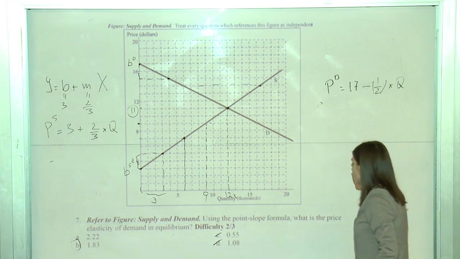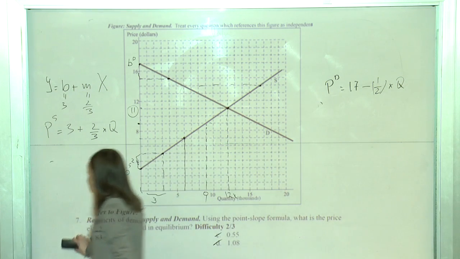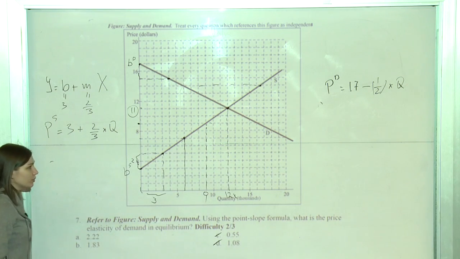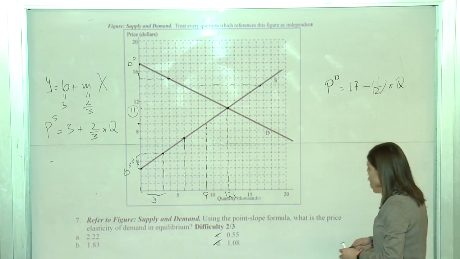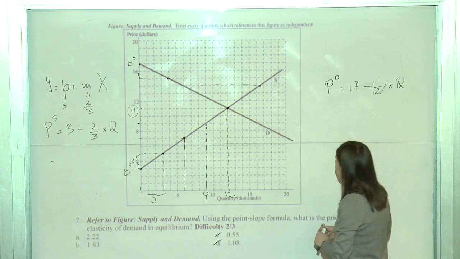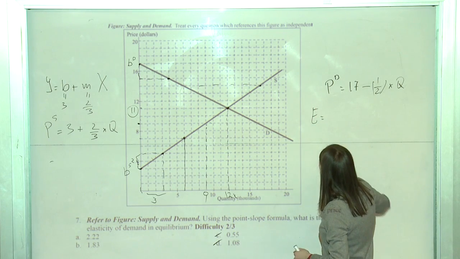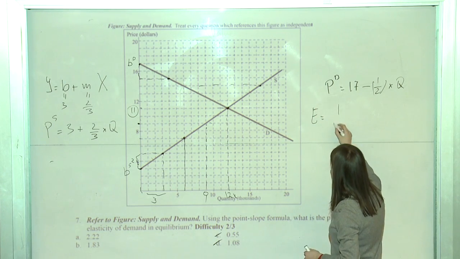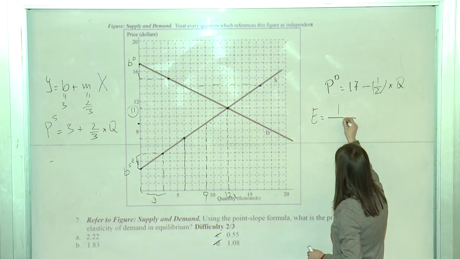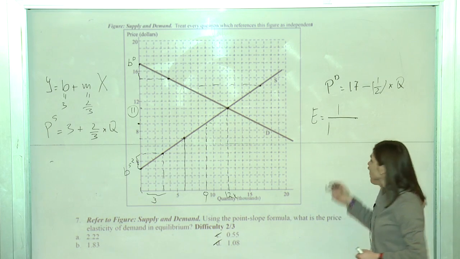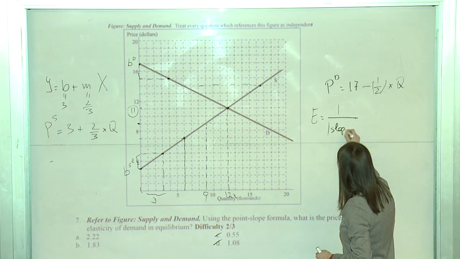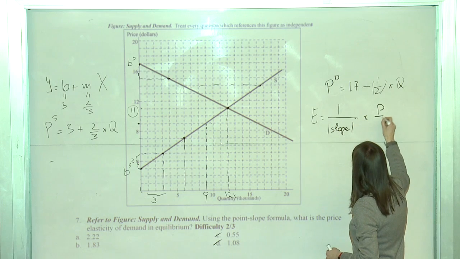Using the point slope formula, what is the price elasticity of demand in equilibrium? What's the point slope formula? At any point, the elasticity is equal to 1 over the absolute value of the slope of that curve, times price over quantity.